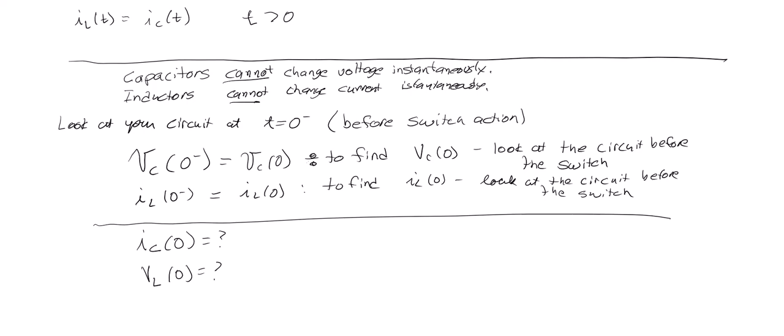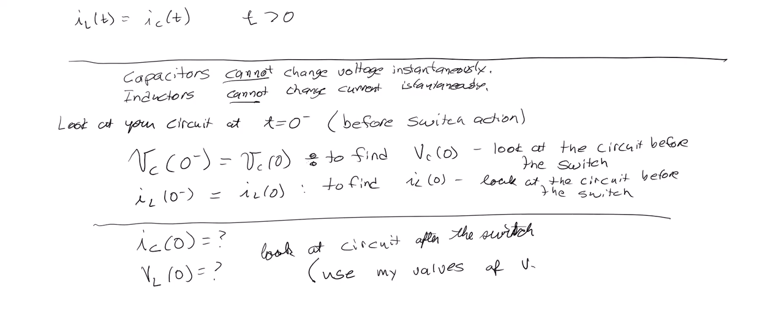So for these, when I'm trying to find what they are at 0, I look at the circuit after the switch, because they could be different than what they were before. But when I do this, I always use my values of VC of 0 and IL of 0 that I found earlier, because I know those have to be true.